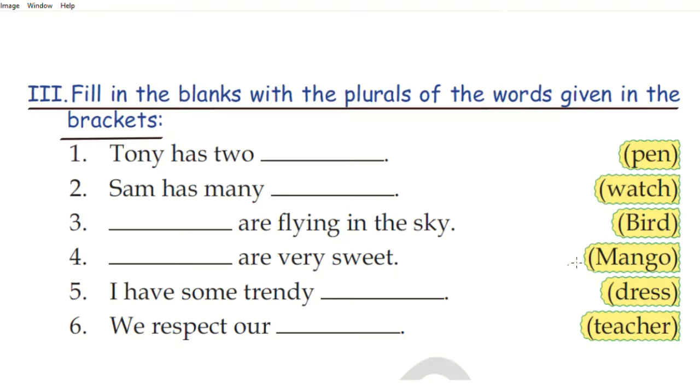Here children, the sentences are given and we have given the option of a word. We have to write the plural of this word. Let's start with number 1. Tony has 2 dash. Tony has 2 pens. We will write here pens.